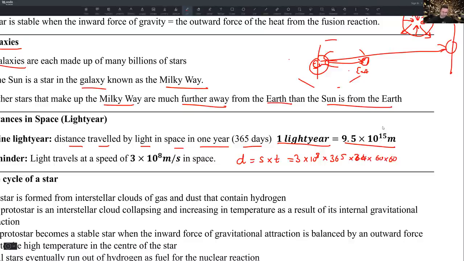So from days to hours, hours to minutes, and minutes to seconds. We say 3 times 10 power 8 times 365 times 24 times 60 times 60. It comes out to 9.46 times 10 power 15, which is 9.5 times 10 power 15. The speed of light times 1 year, but we convert it from days to seconds.